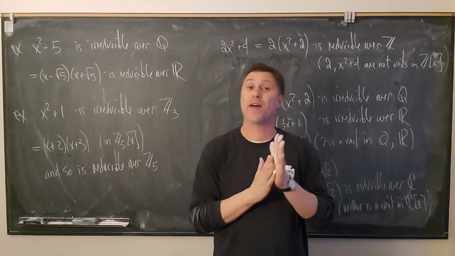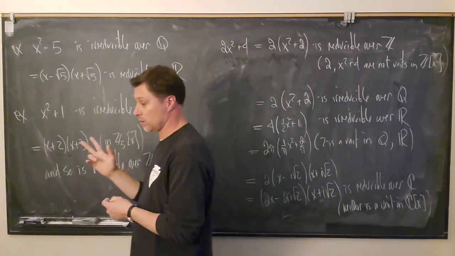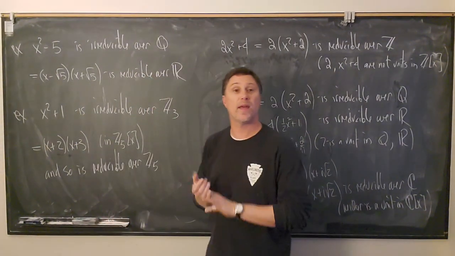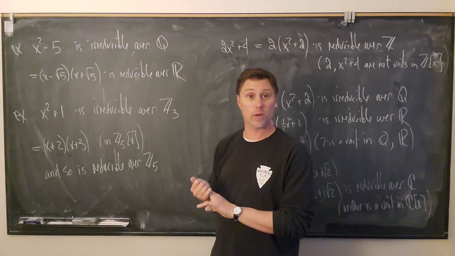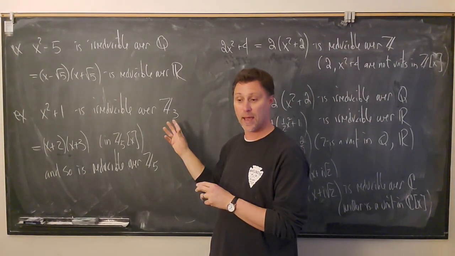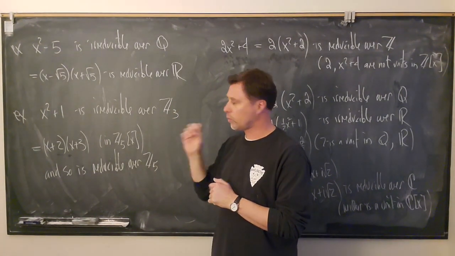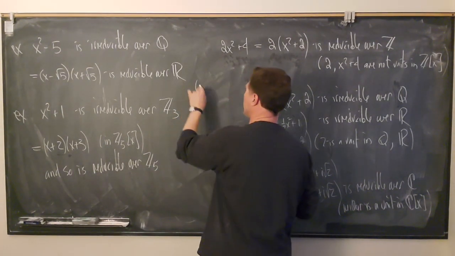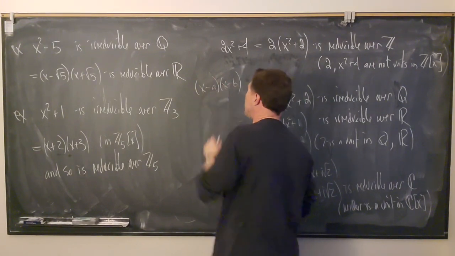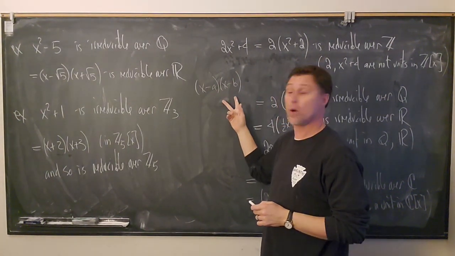Well, think about the factor theorem. If we took this polynomial and we were going to factor it, then it would have to be a degree 1 times a degree 1, which would then tell us exactly who the roots are, right? And so if we could factor it in Z3 bracket x, we would get something of the form x minus a times x minus b, and that would tell us that both a and b are zeros of the polynomial.